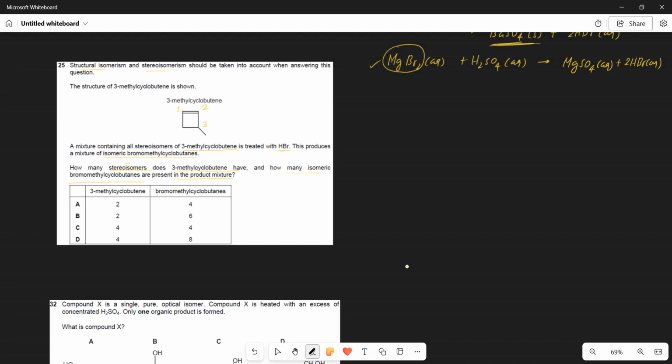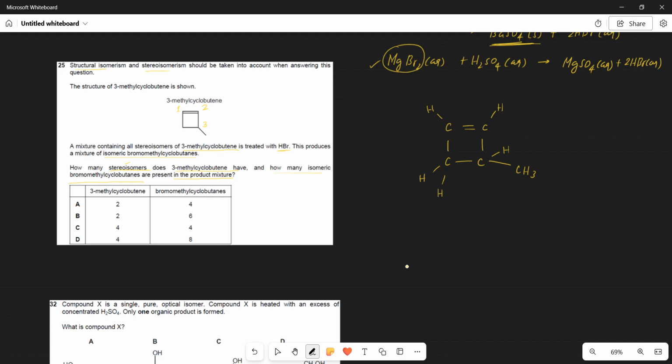Okay. So when I consider stereoisomers, immediately my mind will say this 3-methyl cyclobutene may show cis-trans isomerism, but it is not going to, because when I write the structure, C double bond C, H, H, then you have C, H, H, C, H, CH3.